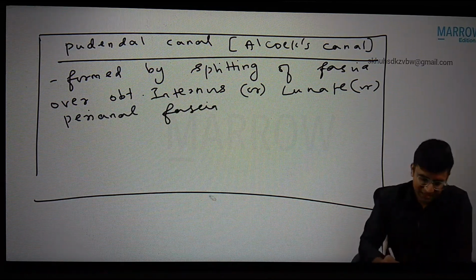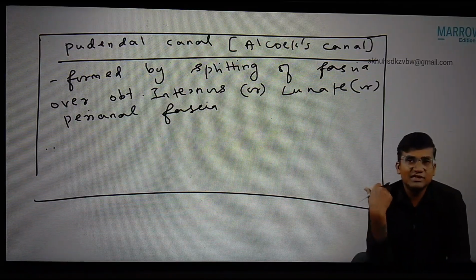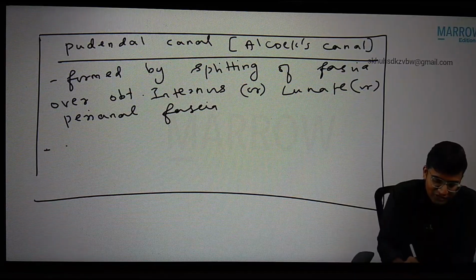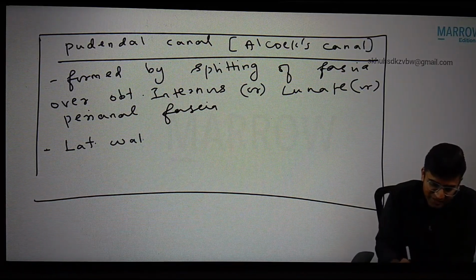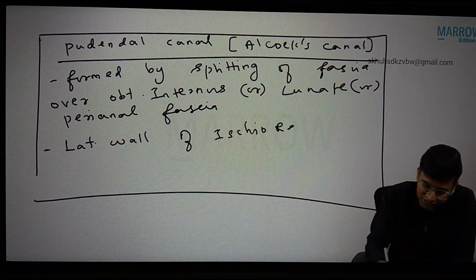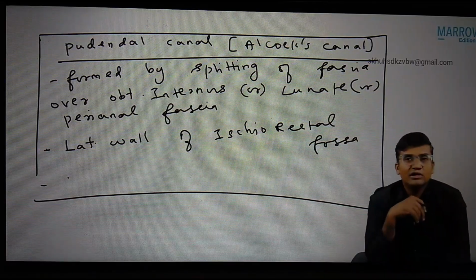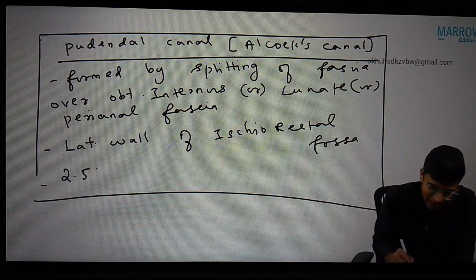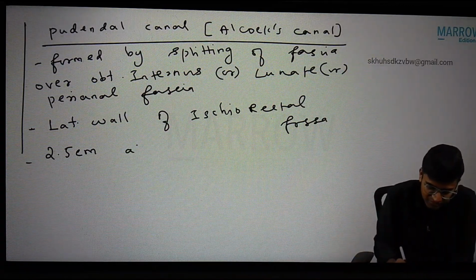Now, where do you see this canal? It is situated in the lateral wall of the ischiorectal fossa. This canal is present 2.5 centimeters above the ischial tuberosity.